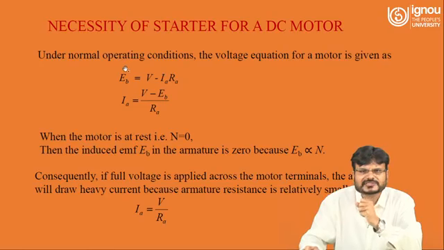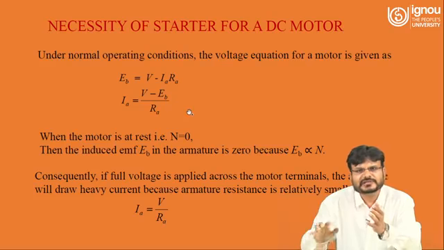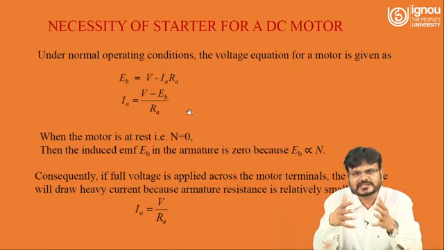By this expression you can also write the equation of armature current Ia. This Ia can be written as (V - Eb) / Ra. As I already told you, Eb is the back EMF, which is like a generated voltage, and it depends on different parameters.